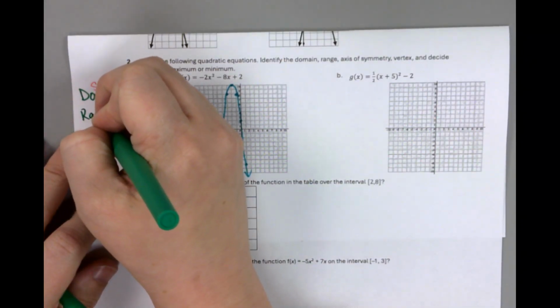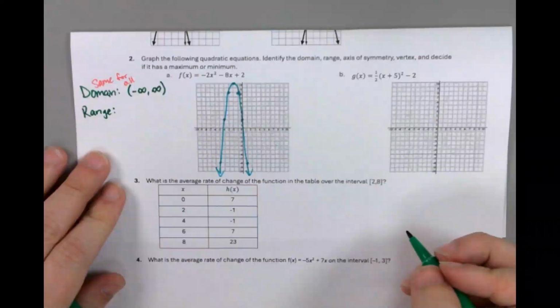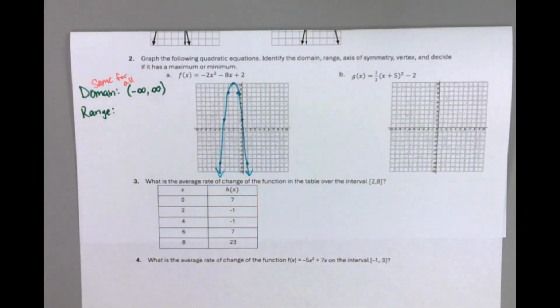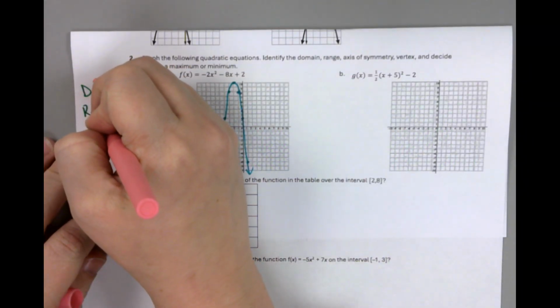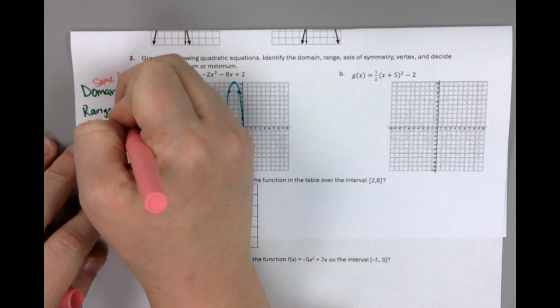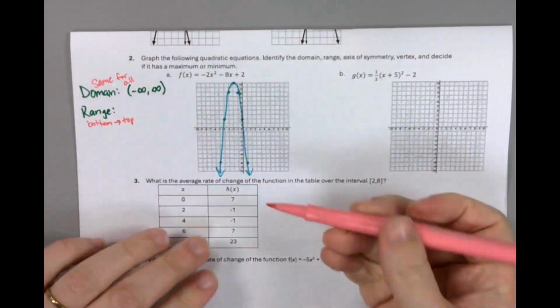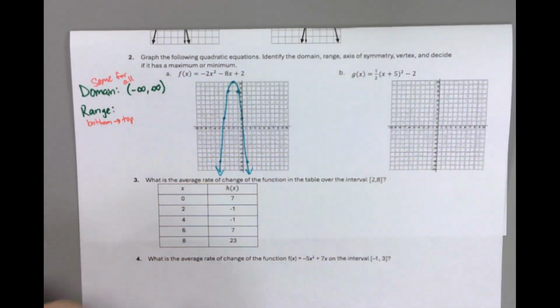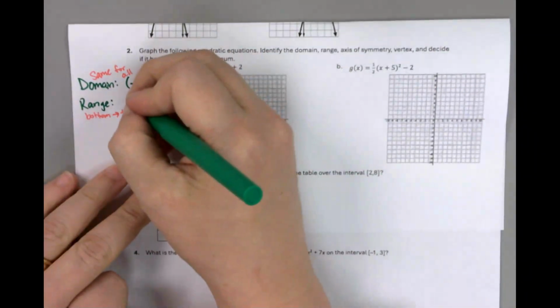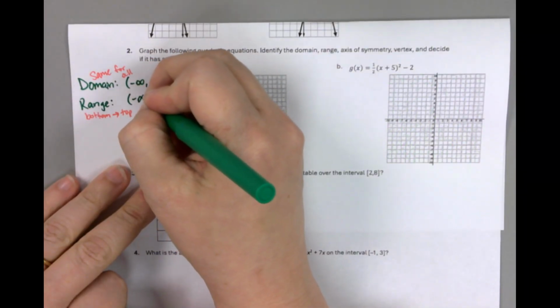Next we have the range. This is not the same for every quadratic, but it is always going to be bottom to top. The range is always from the bottom to the top. If we look at the bottom, it keeps going. So the bottom we're going to state as negative infinity.